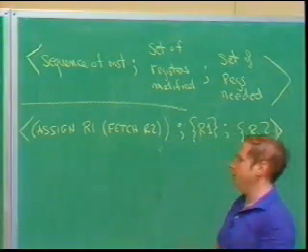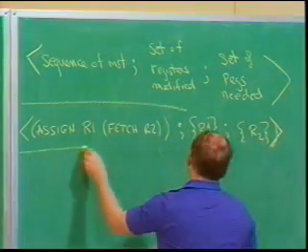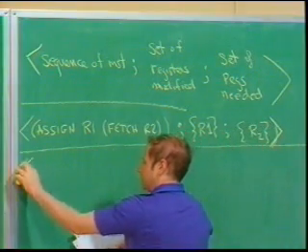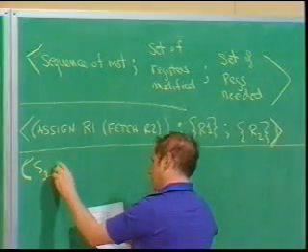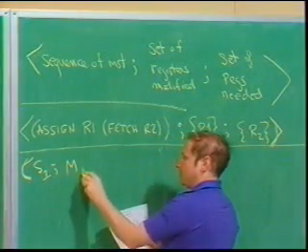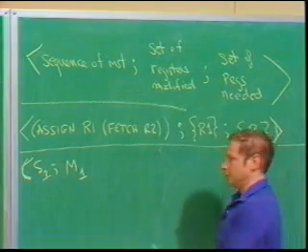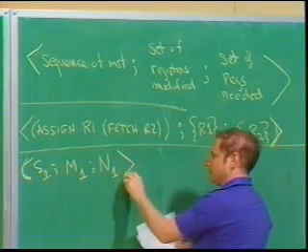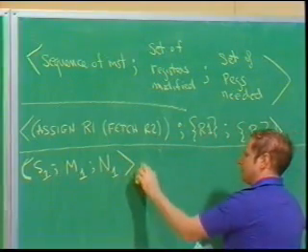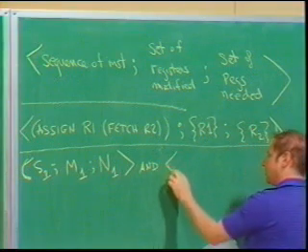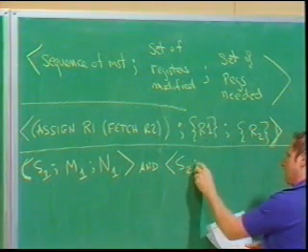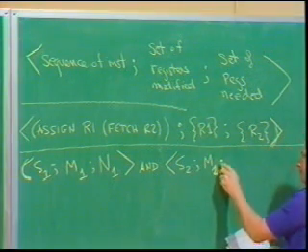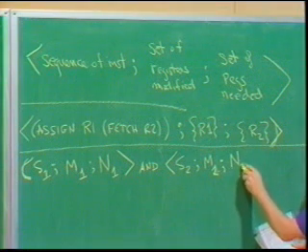And now, when it combines two sequences, let's say I'm going to combine sequence 1 that modifies a bunch of registers M1 and needs a bunch of registers N1, with sequence 2 that modifies a bunch of registers M2 and needs a bunch of registers N2.